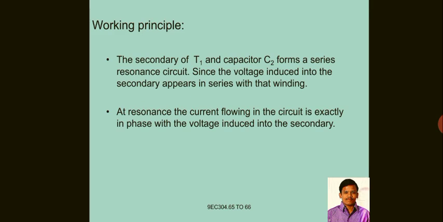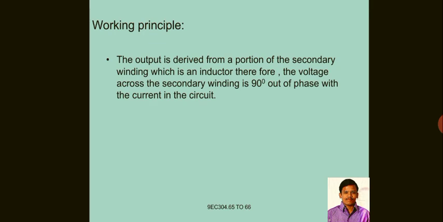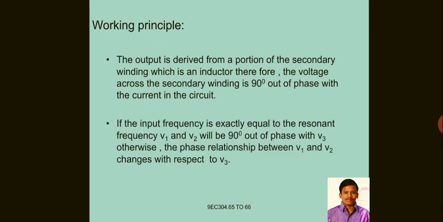If you look at series resonance, the current flowing through the circuit will be in phase with the voltage. Now the output is derived from the portion of the secondary winding which is an inductor, therefore the voltage across the secondary winding is 90 degrees out of phase with the current in the circuit.